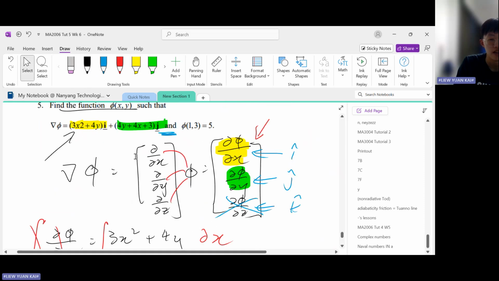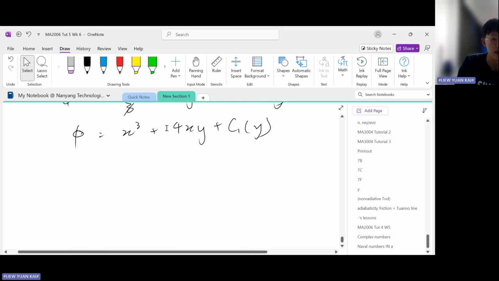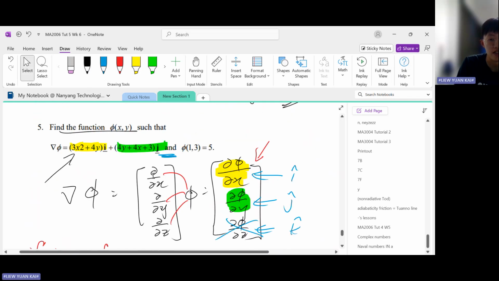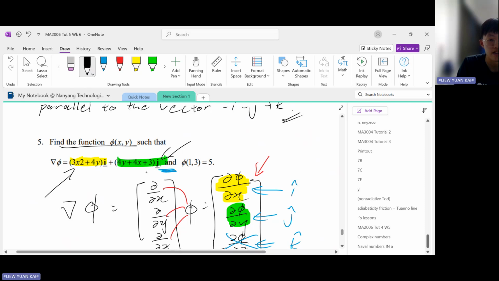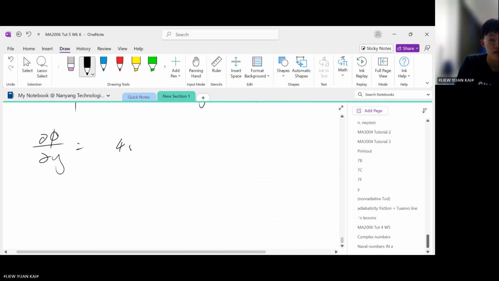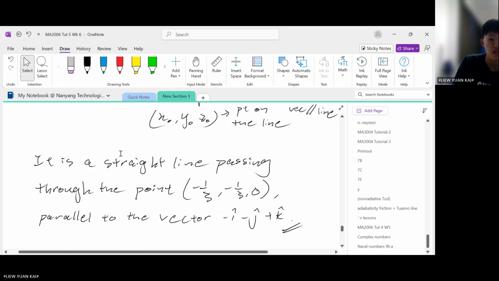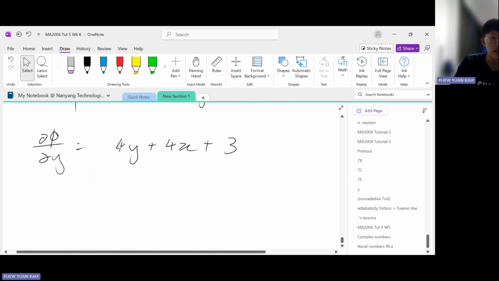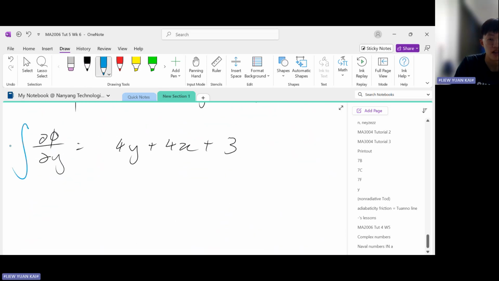Now you need to consider the j components. So please equate the j components. So the j components has partial phi partial y equal to this j component, the highlighted green. Okay, so now we need to partially integrate with respect to y.